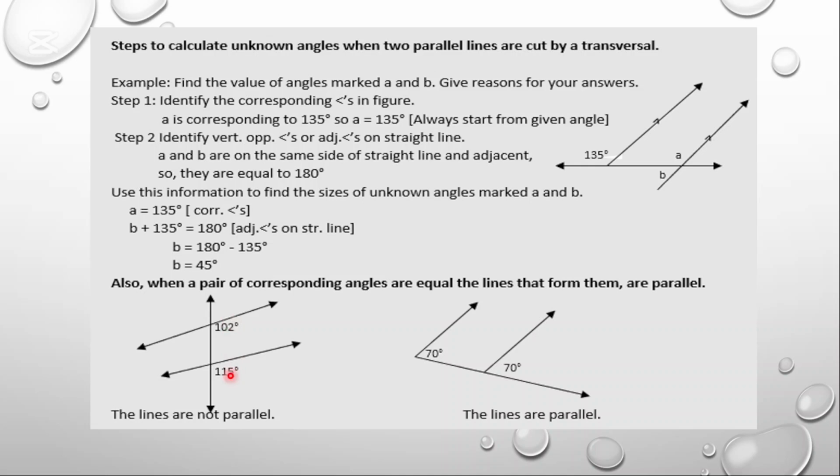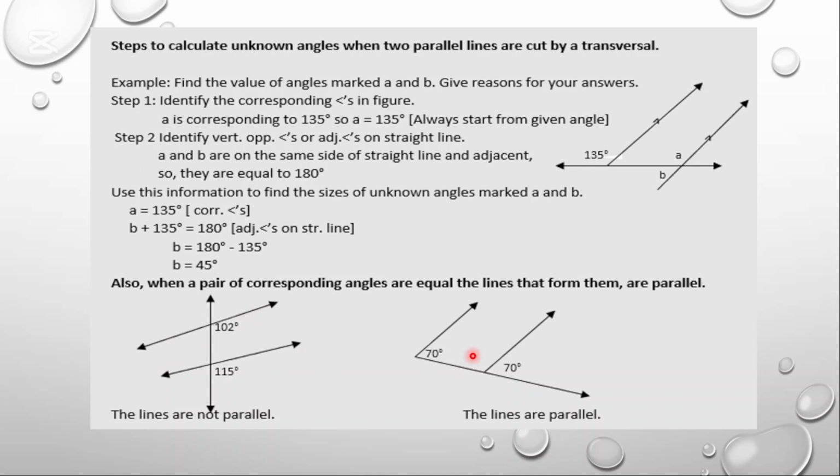And because they are not equal, the lines are not parallel. If you extend these lines to that side, they will eventually meet, and the distance between them is not the same.